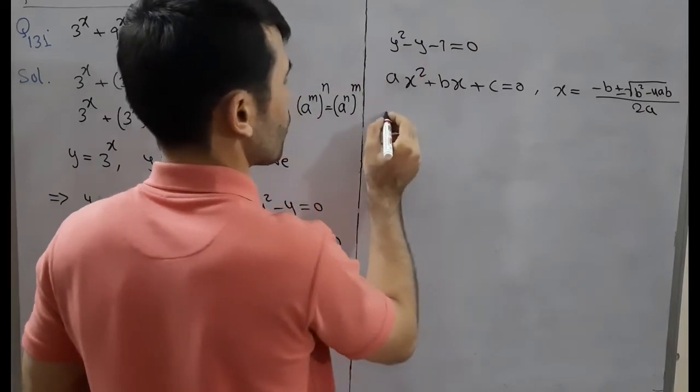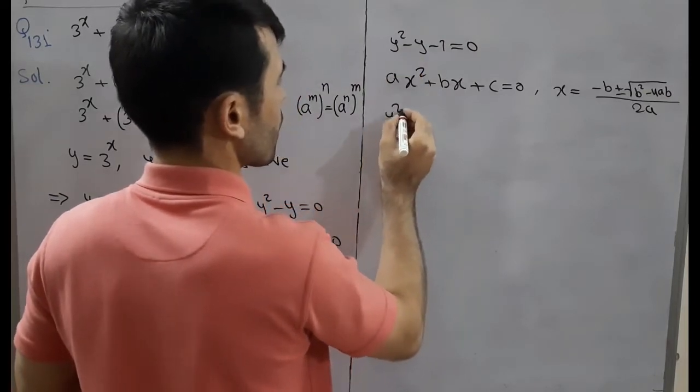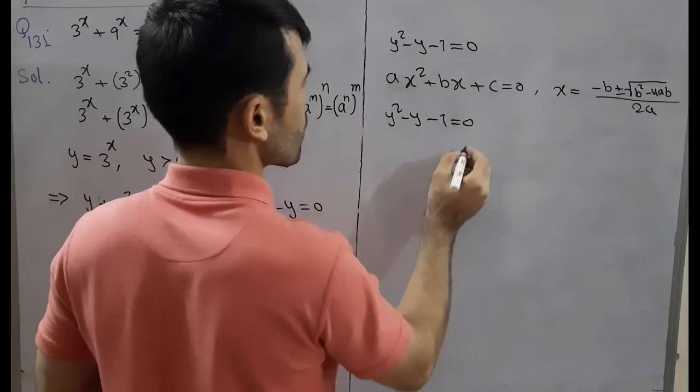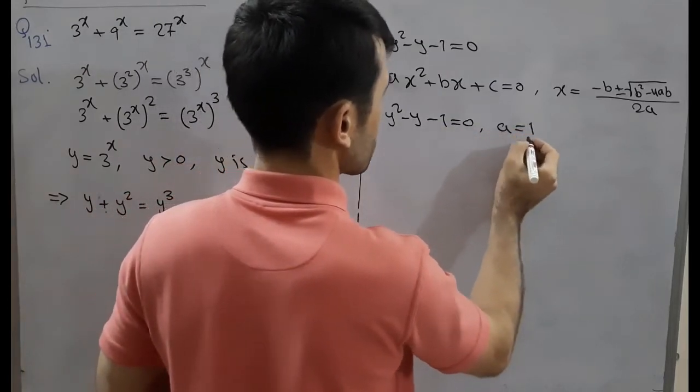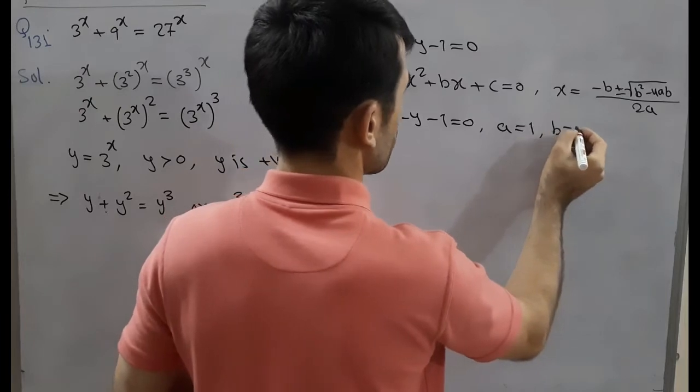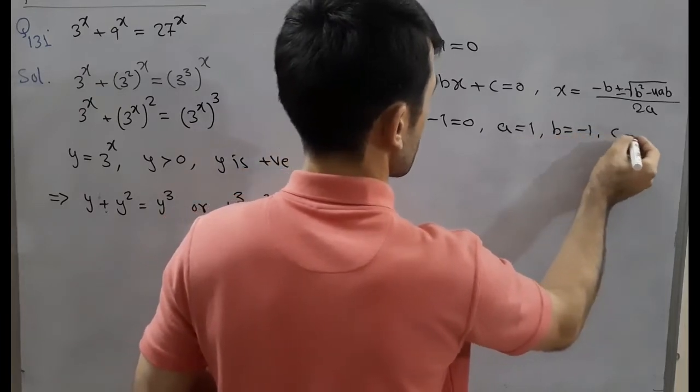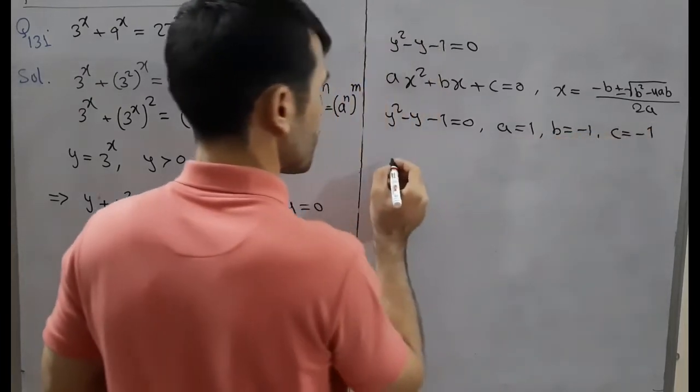So here, for y square minus y minus 1 is equal to 0, a is equal to 1, b is equal to minus 1, c is equal to minus 1.